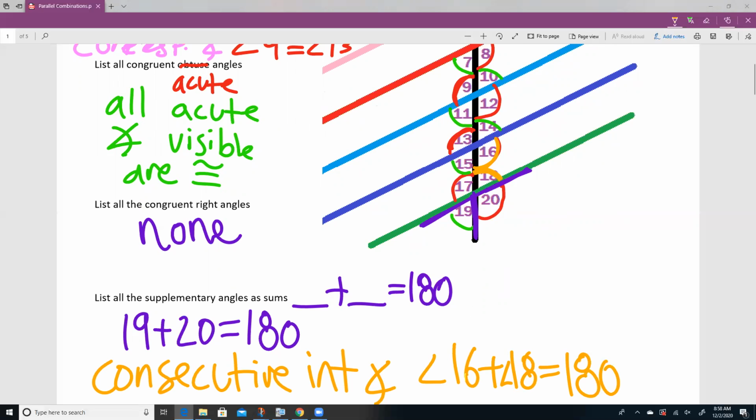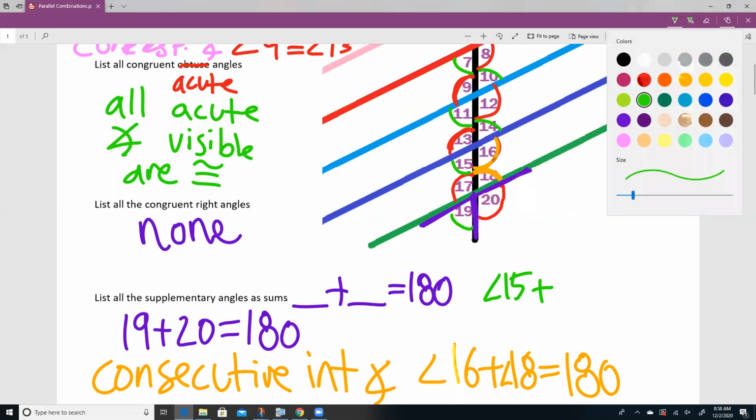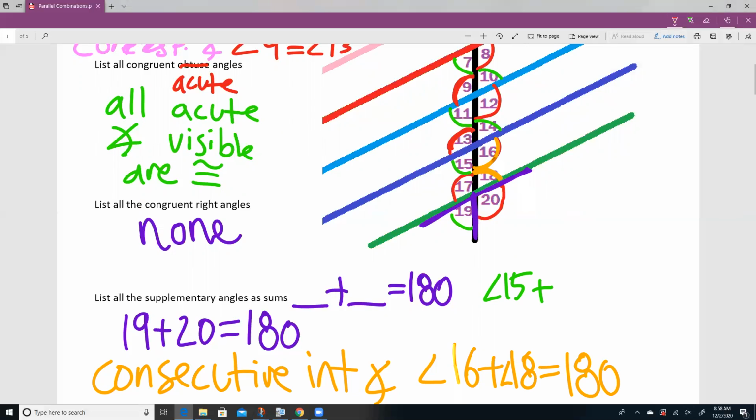But it might be less obvious that any other combination of an obtuse angle and an acute angle in this situation will produce 180 degrees. So if I picked, say, angle 15, which is acute, and angle 9, which is obtuse, that'll add up to 180 degrees, as will any other combination of an obtuse and acute angle.